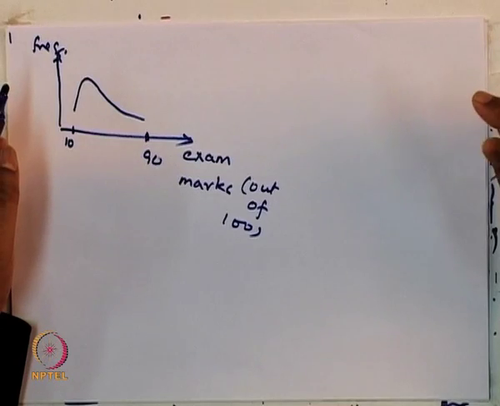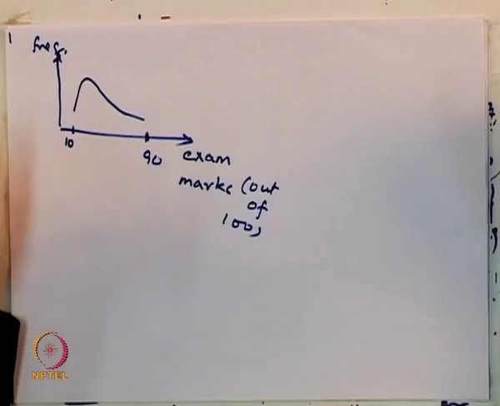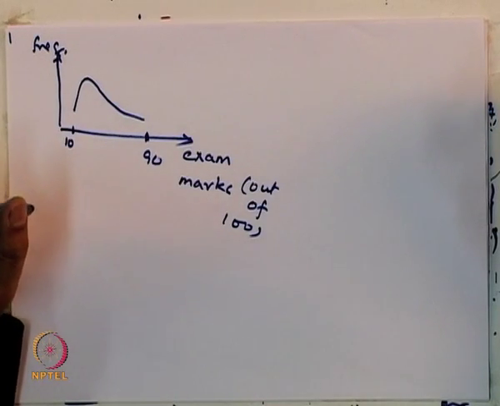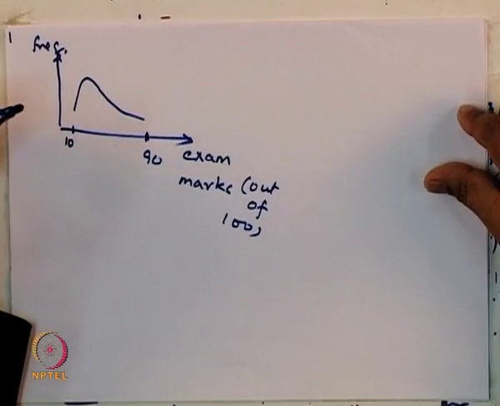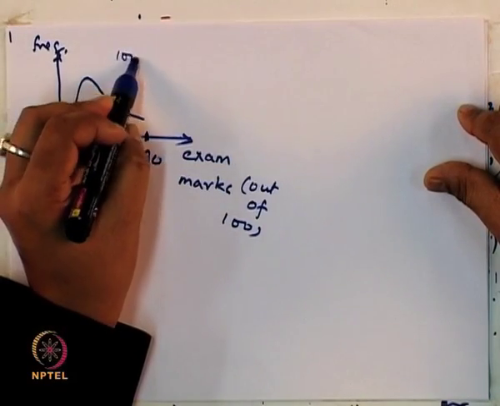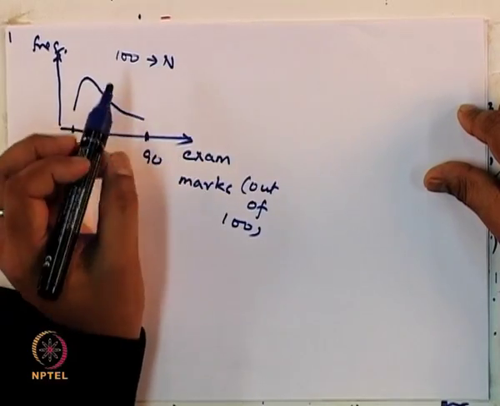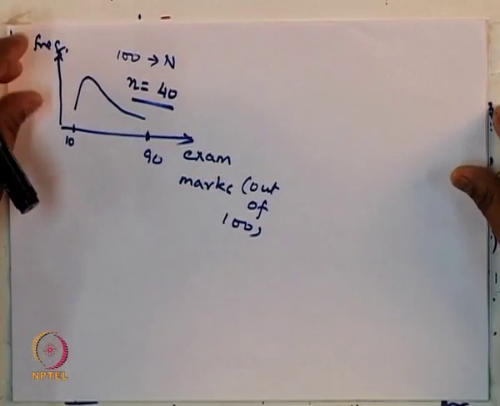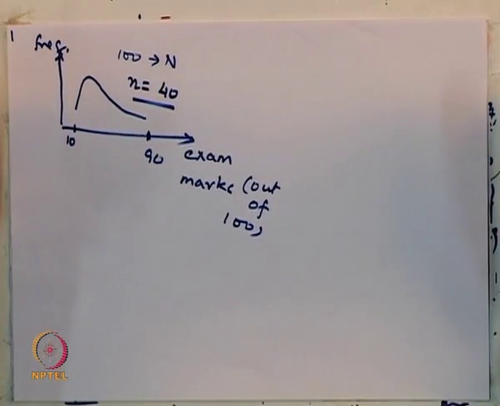Let us say that you have collected the statistics not from the whole class, but you have asked this from the students who were present on a given day after the exam was over. So, this is a sample. Let us assume that out of 100 total students, so N is 100, you have sampled n equal to 40, and this is the distribution that you get. So, based on this, you can ask questions like, what is the chance that someone has scored 100 versus 30 versus 20, and so on and so forth.